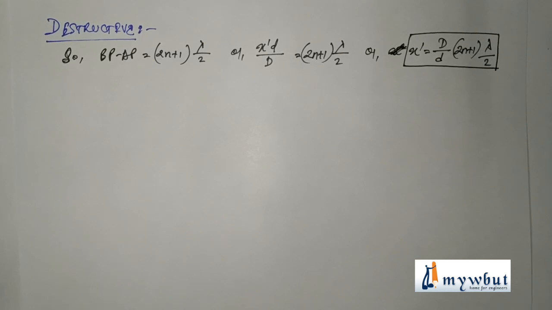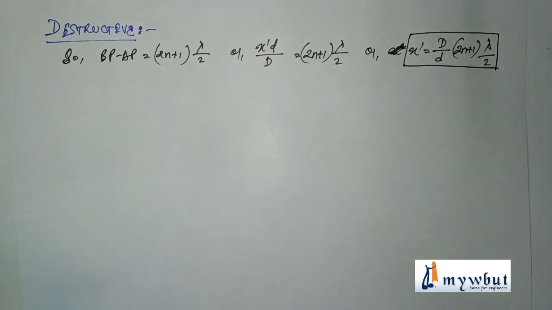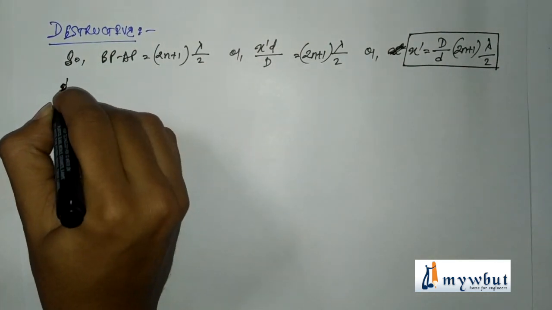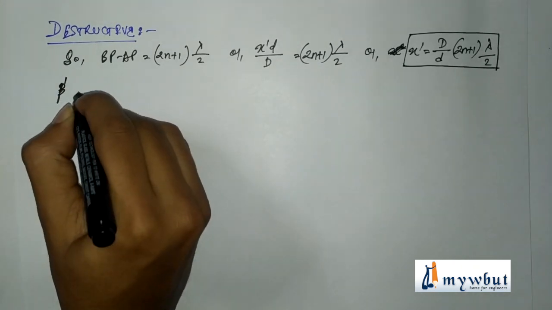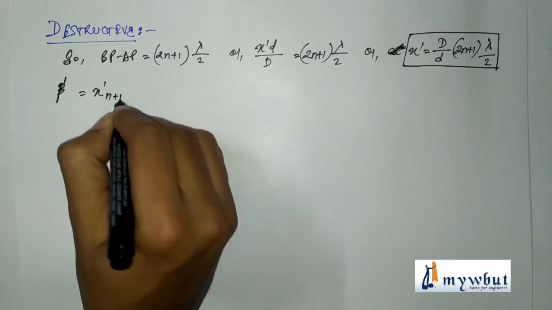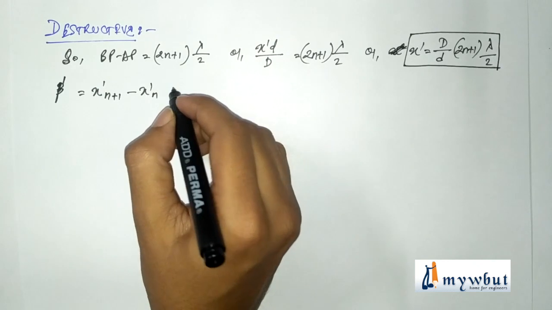So now, similar to the constructive interference pattern, if we consider the fringe width for dark fringes as beta dash, we can write that it will be x dash n plus 1 minus x dash n, that is the difference between the consecutive dark fringes.